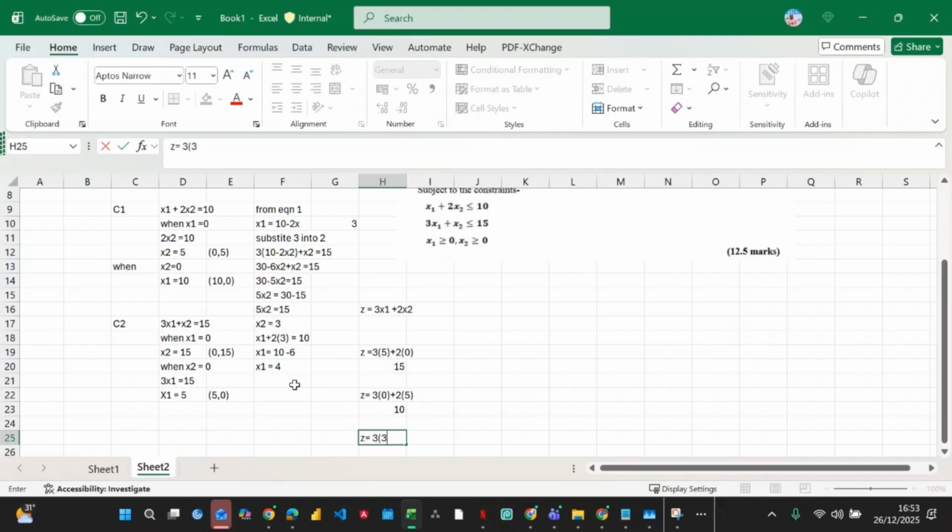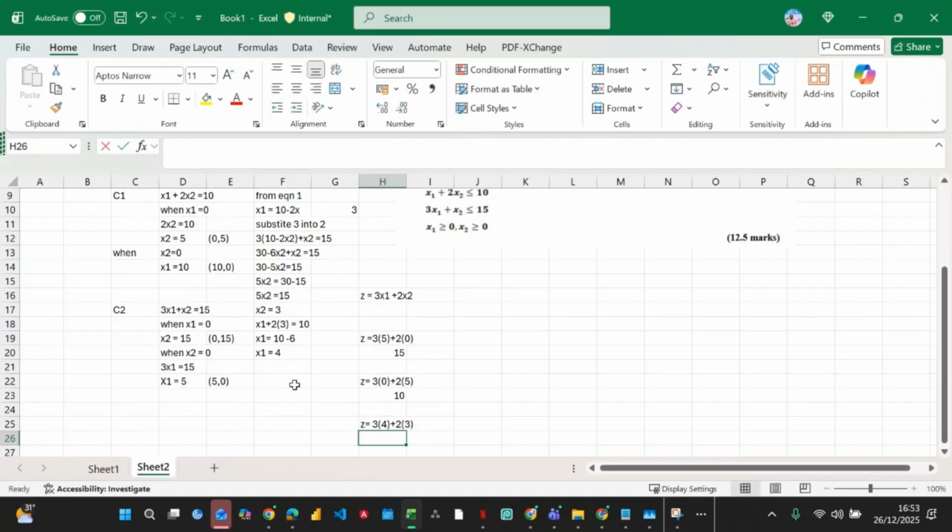So let's solve for this one. Here we got x1, z equals, x1 is 4, plus 2 times 3.